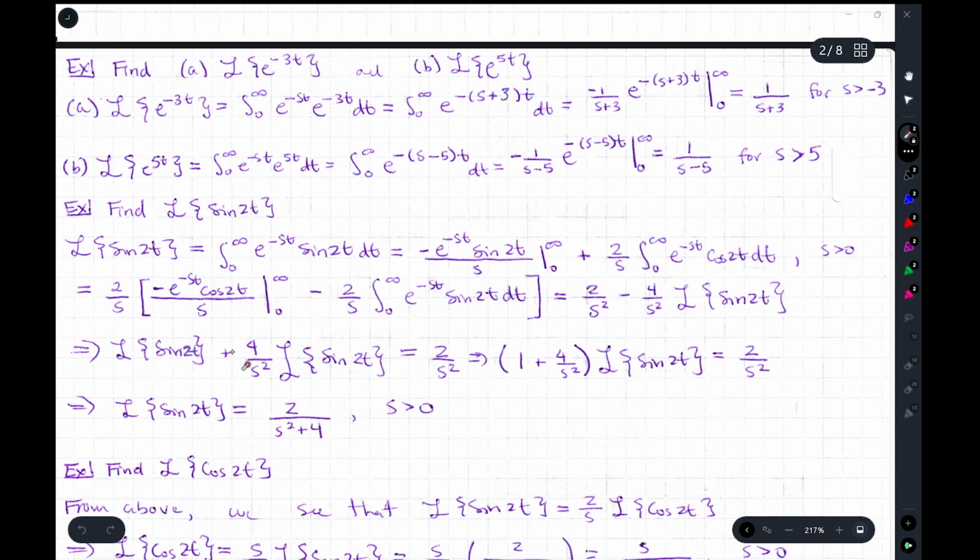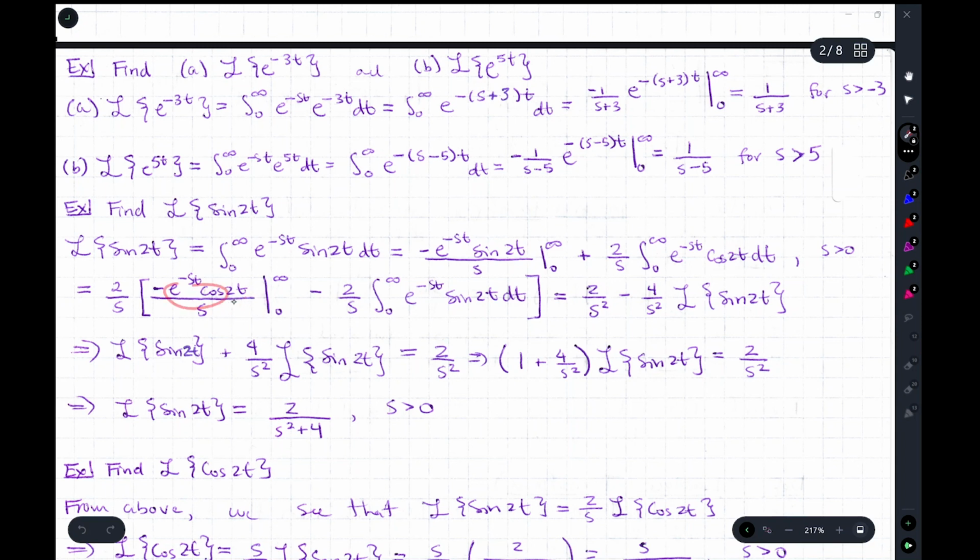So distributing the 2 over s, once you plug in infinity here, that's going to give you 0, but you could plug in 0 into this. The cosine of 0 is 1, and e to the 0 is 1, and so you'll get a minus sign there, but minus a negative is a plus.